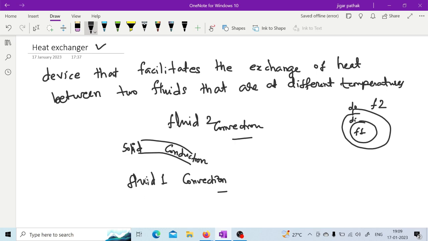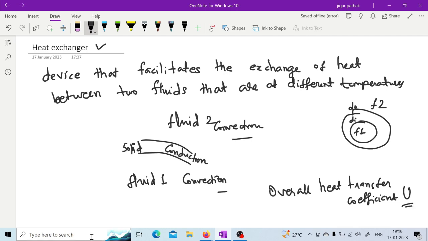That is why, whenever we are discussing heat transfer in a heat exchanger, it is better to consider the overall heat transfer coefficient. Let us say it as U. So once we have this basic idea, the rate of heat transfer at different locations will be different in a heat exchanger.